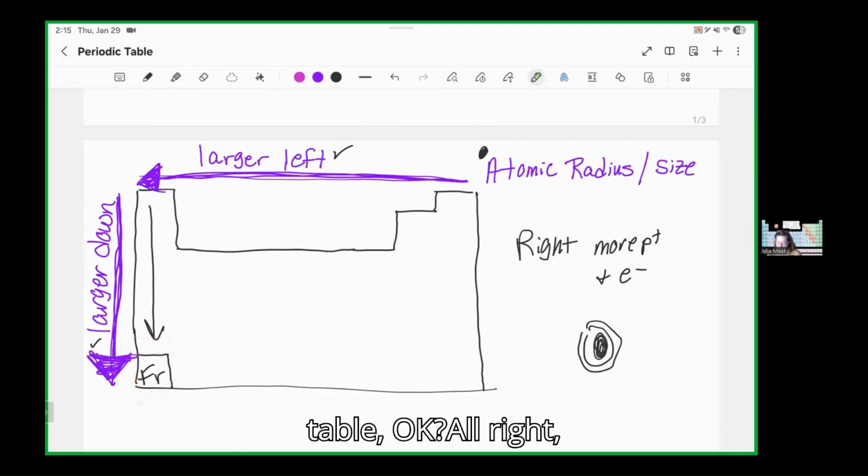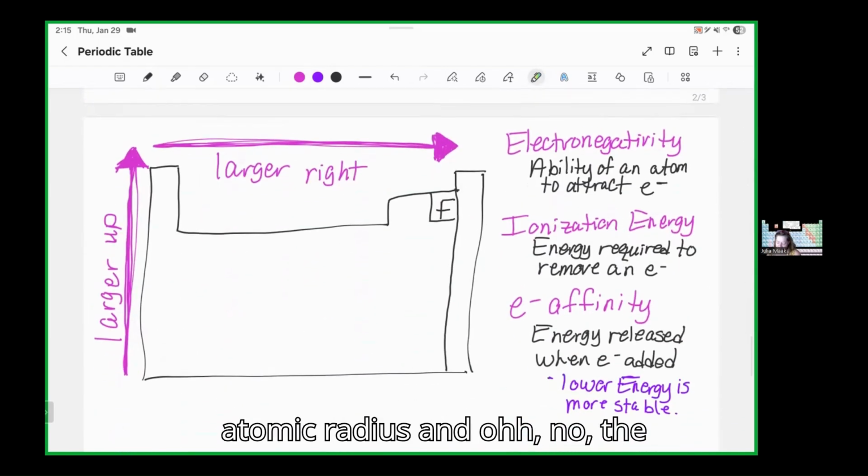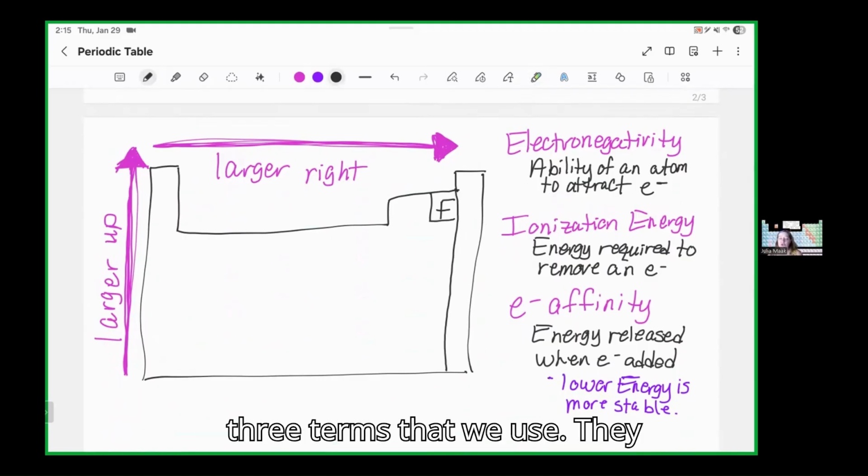The other thing is, oh no, the electronegativity. Sorry. There are three terms that we use. They all pretty much mean the same thing, and they have the same trend. It is exactly the opposite of atomic size. This one gets larger as you go up and larger as you go to the right.